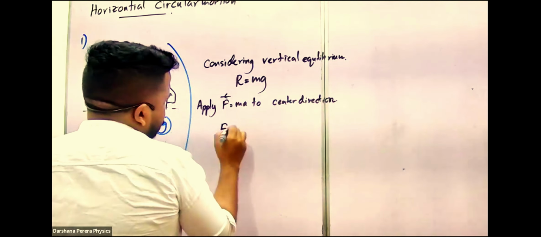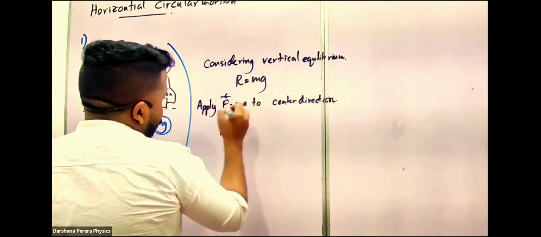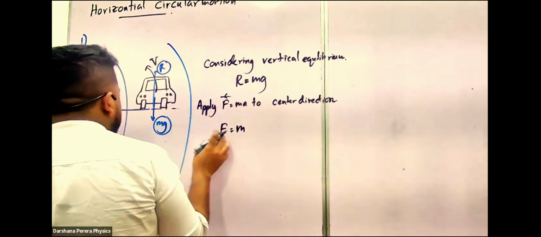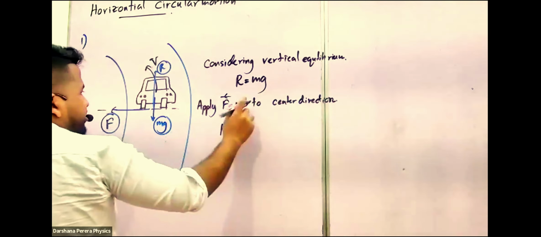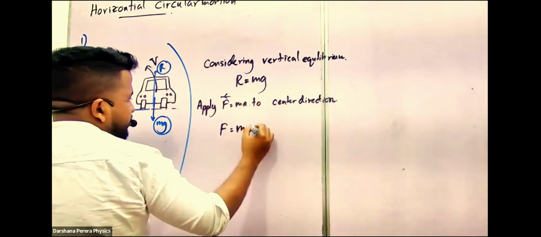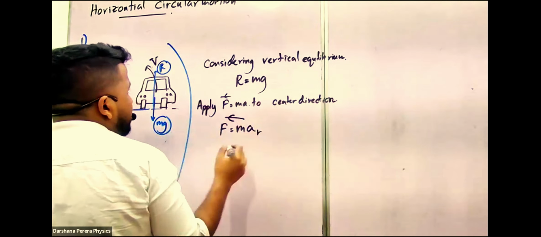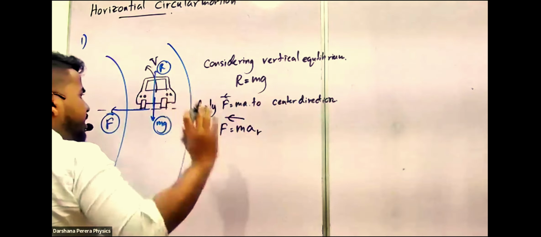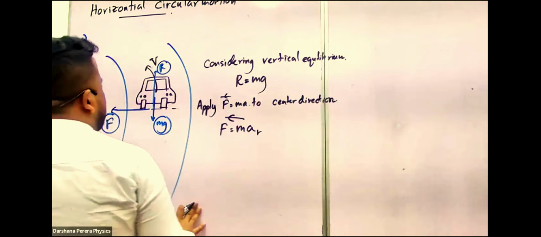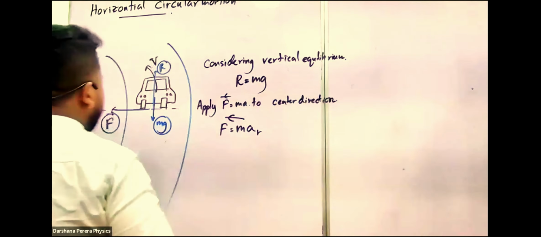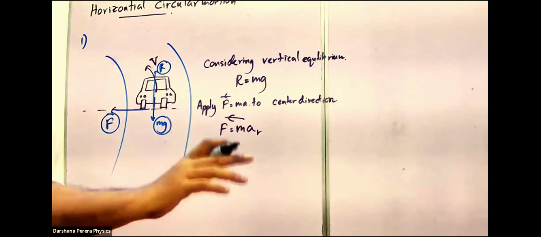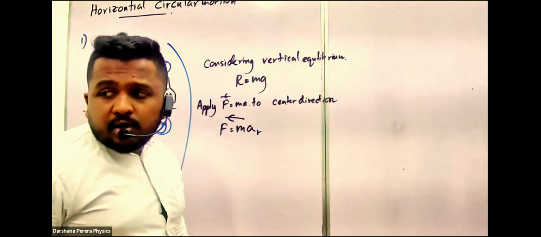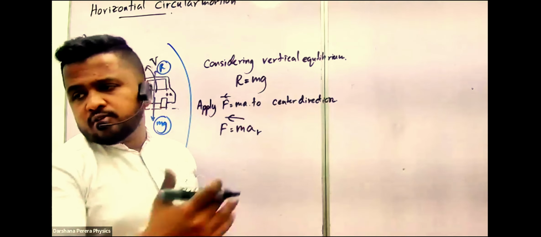F equals ma, where F is the friction. Friction equals m times a, where a means the radial acceleration. What is the radial acceleration? The vehicle is passing with velocity v. The radial acceleration is not omega square r, we get v square over r. Why? Because the vehicle has a velocity.